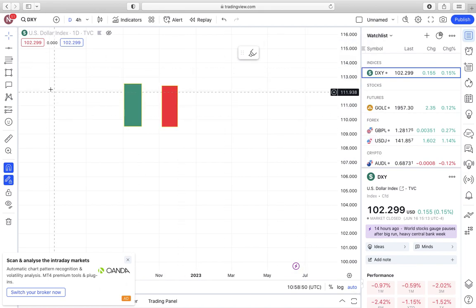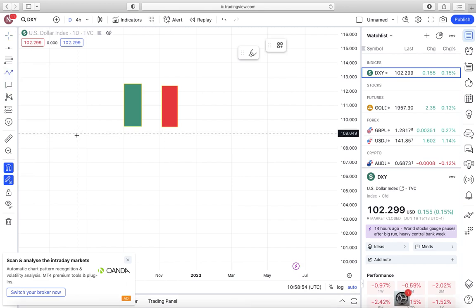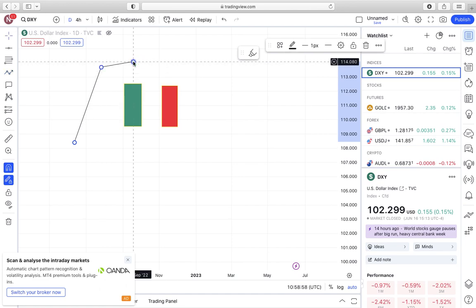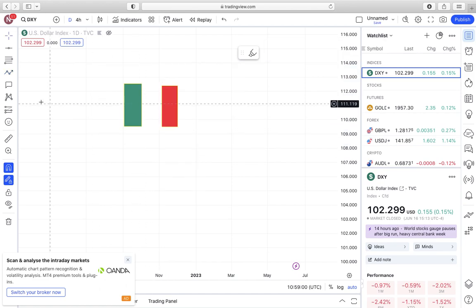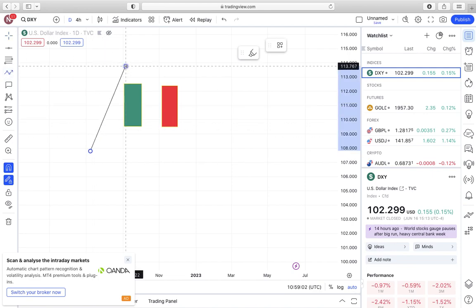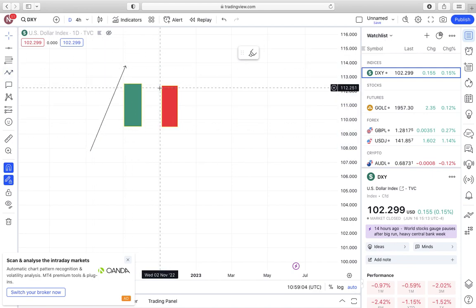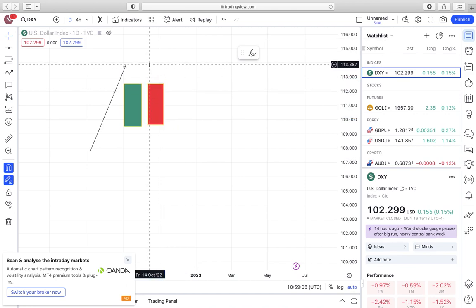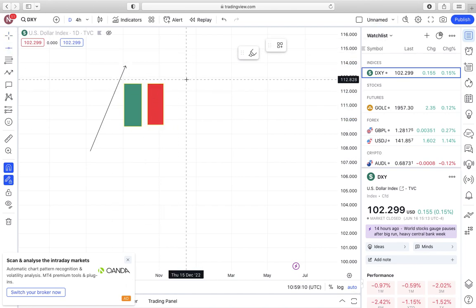When the market was in an uptrend, yes, the market was going up, but suddenly the market prints another red candle, whether it engulfs or not, which means that resistance is created.